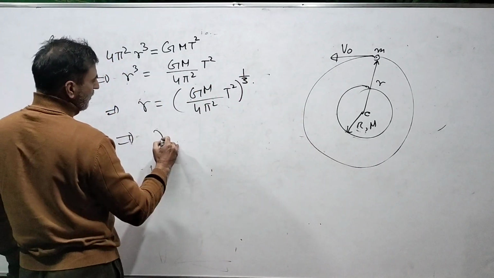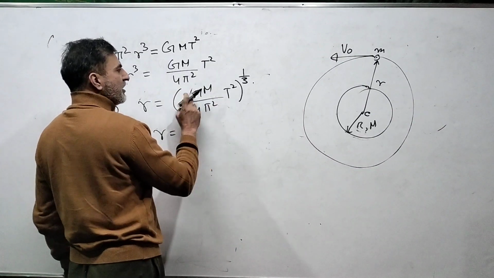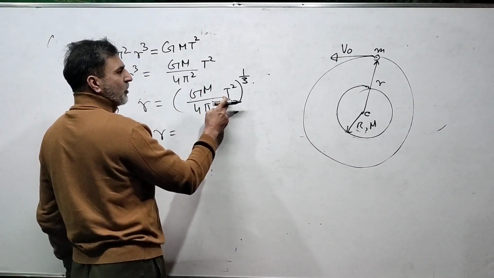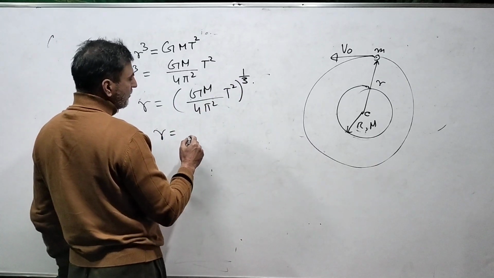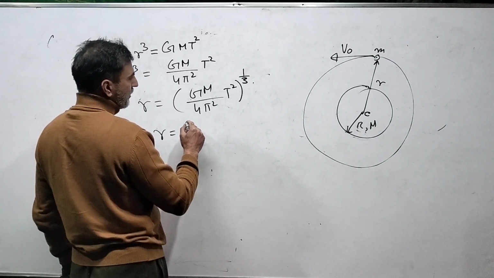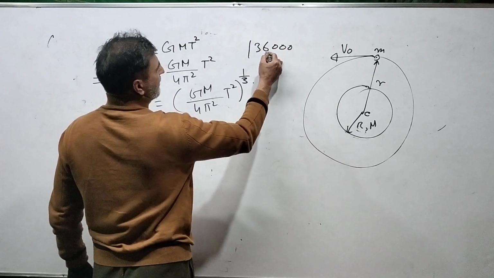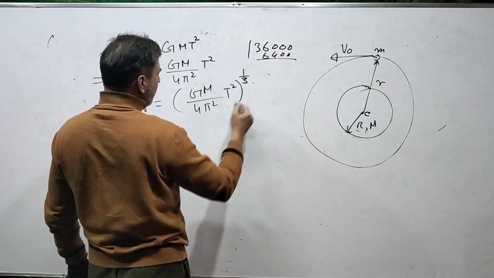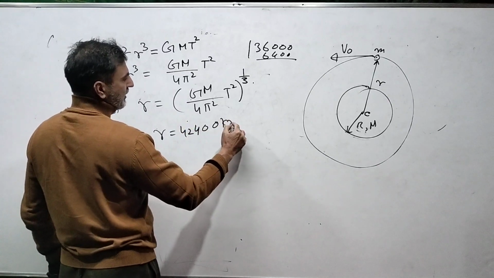This r is the orbital radius of the geostationary satellite. If I substitute all the values, GM, T as 24 hours, and 4 pi square, I will get 42,400 kilometers.